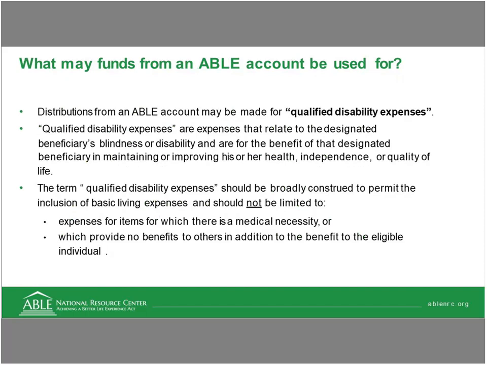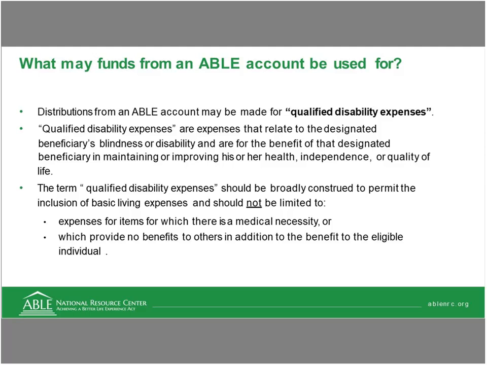So now that we understand a little bit about who is eligible, let's talk about what these funds can be used for. Again, we said previously that the funds can be used for what's called qualified disability expenses, but what exactly does that mean? Well, qualified disability expenses, or QDEs, as they're sometimes referred to, are expenses that relate to the designated beneficiary's blindness or disability and are for the benefit of that designated beneficiary in helping them maintain or increase their health, independence, or quality of life.